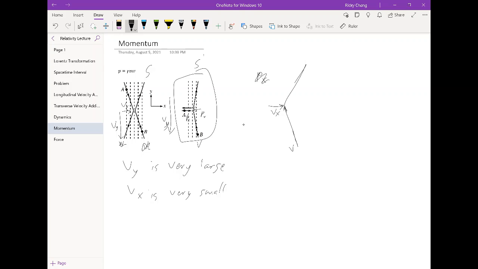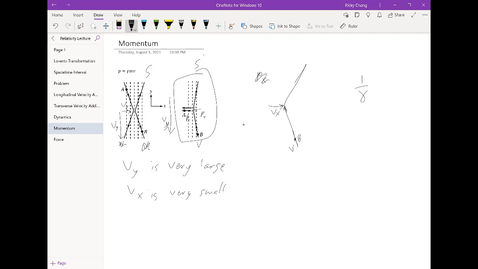But B is moving at a very high speed, so the clock on B is now ticking slower, by a factor of 1 over gamma relative to A. Why 1 over gamma relative to A?